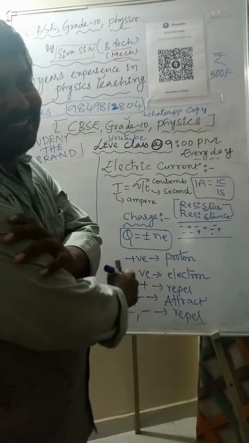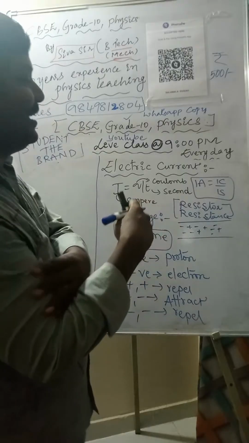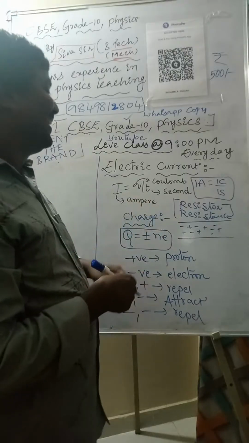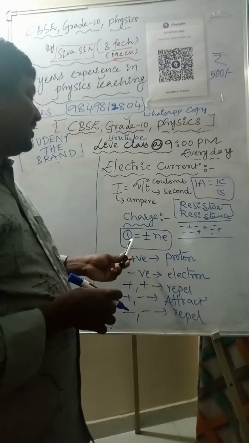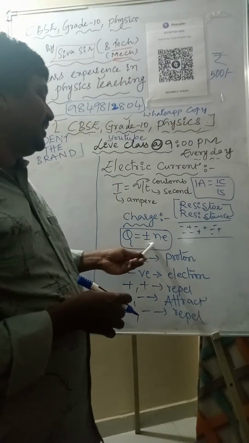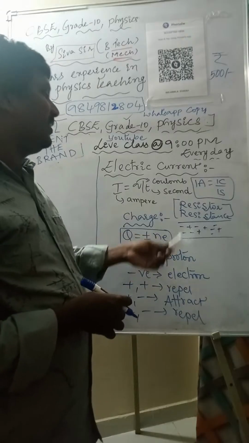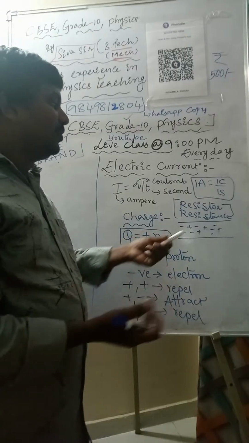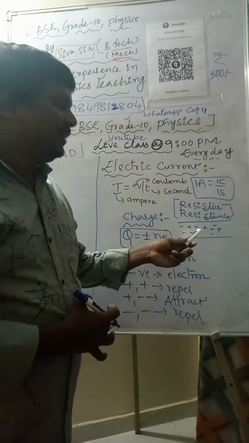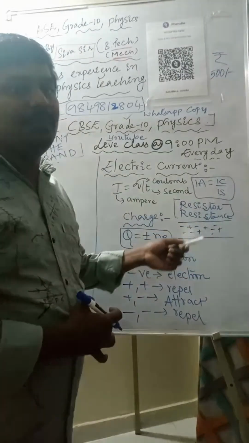So Aish, your attendance is marked automatically. Okay. So here, quantization of charge: Q equal to plus or minus Ne. Because it's a quantization of charge, charges will move inside the conductor in integral multiples, not like one or two.